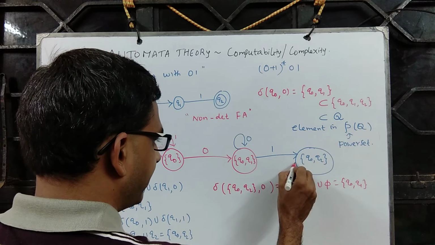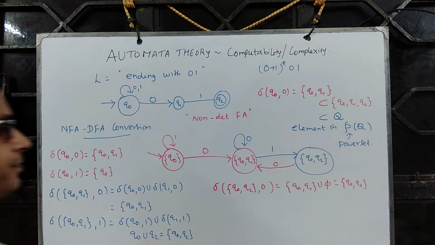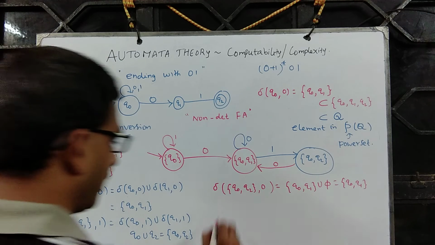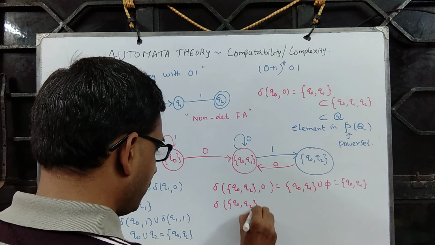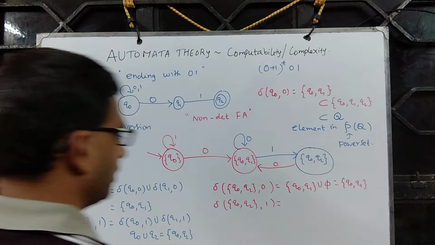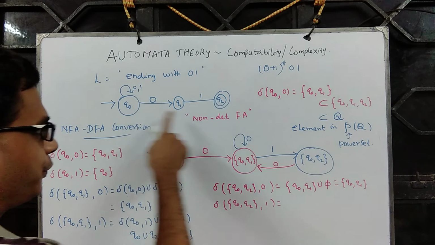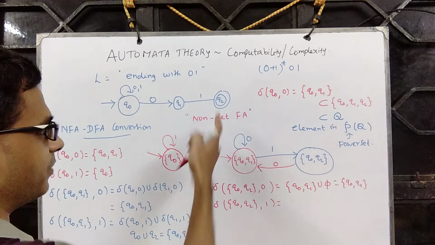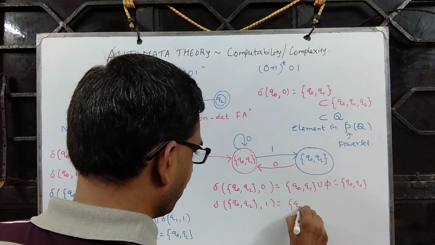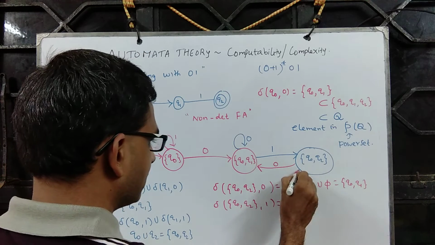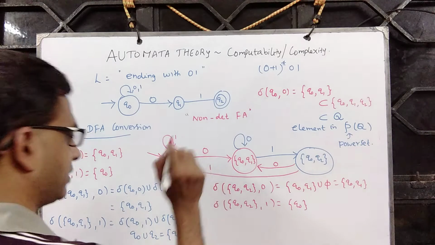So this says on reading a 0, we go to this state. Now delta of {q0, q2}, 1 is delta of q0, 1 and delta of q2, 1. q2, 1 is undefined. So q0, 1 is q0, which means on reading 1 we go to this.